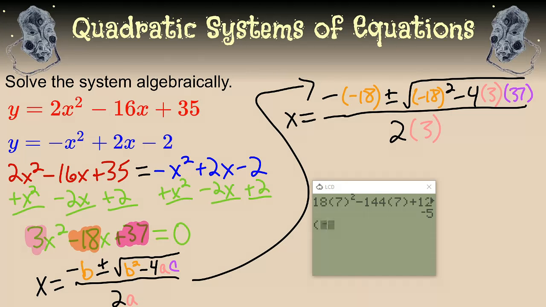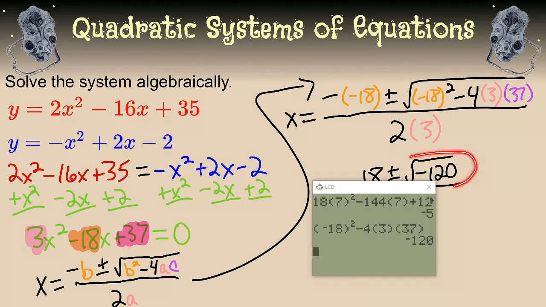So we have negative 18 squared minus 4 times a times c, and we get negative 120. So x is equal to positive 18, I'm going to scoot this down just a little bit, plus or minus the square root of negative 120, all over 6.